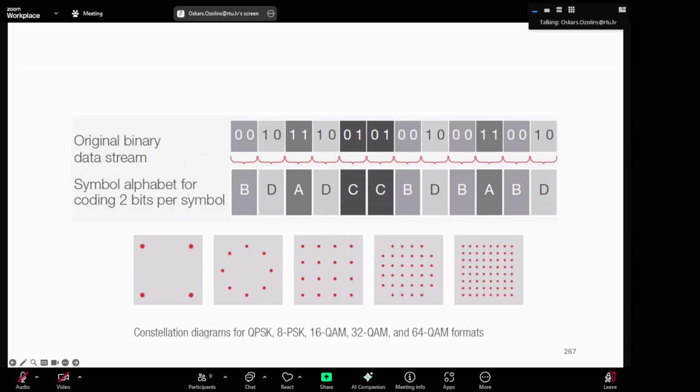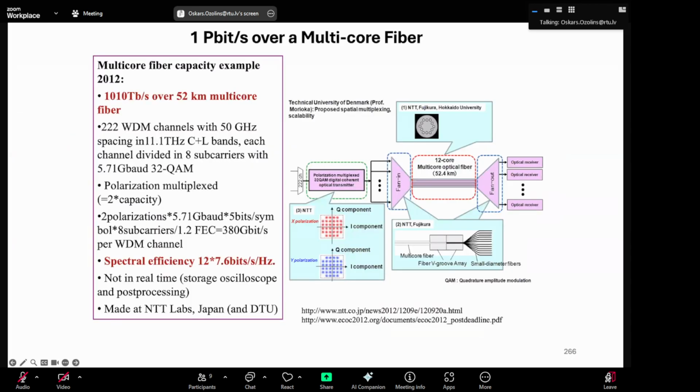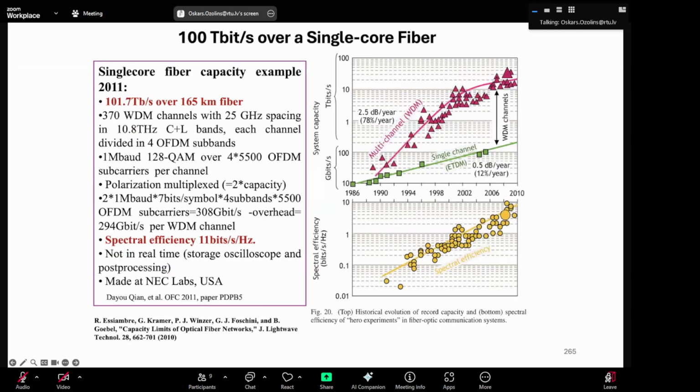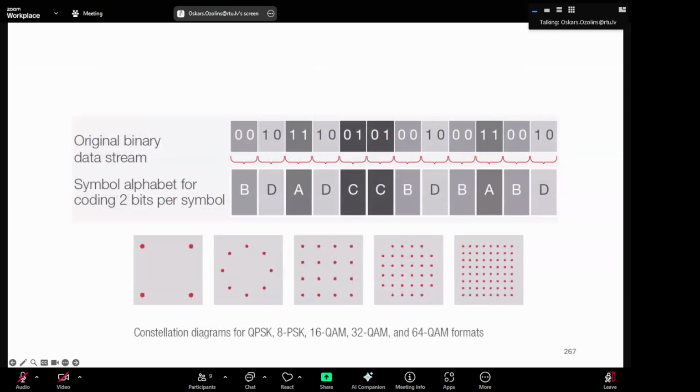I'm just wondering, I guess we covered these multi-core papers and this single core fiber paper. So I just wanted to remind a little bit about binary stream symbols and constellations and continue from there how different parts are done. Is this okay with you?